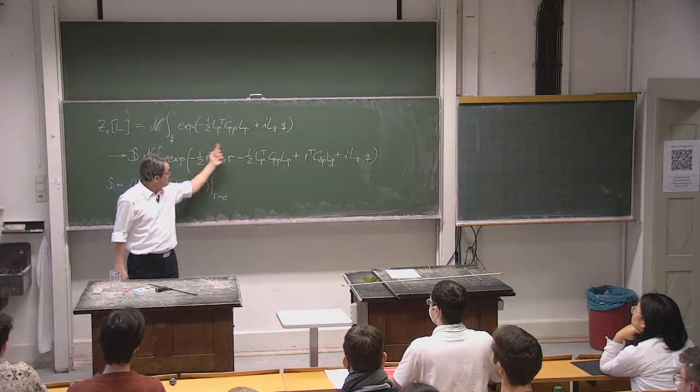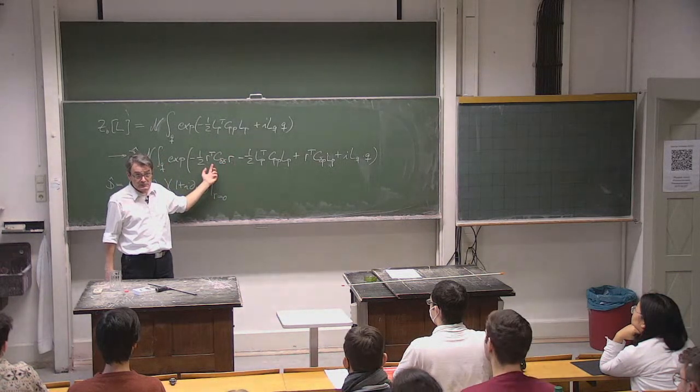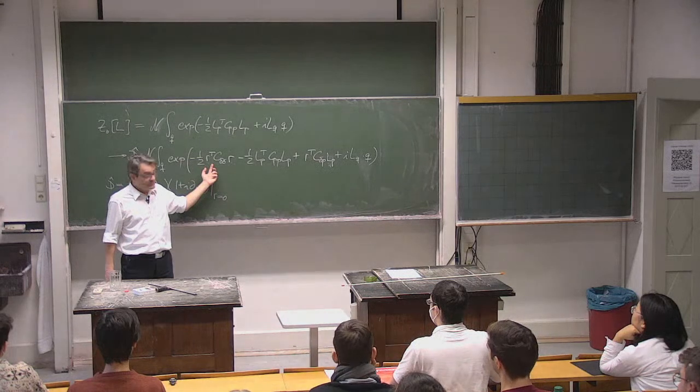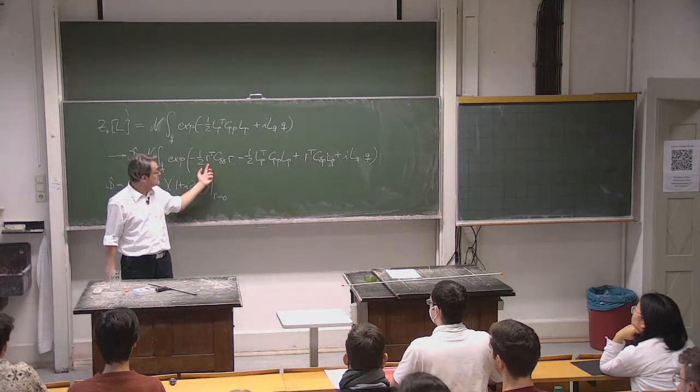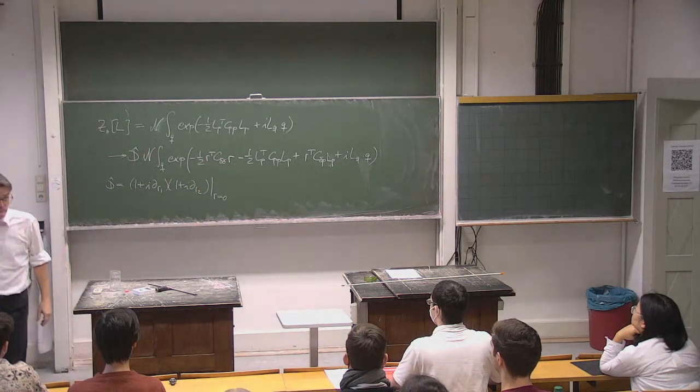So you do a first derivative, you retain this as the only contribution that still contains an R. You do this again, this restores the delta-delta correlation.